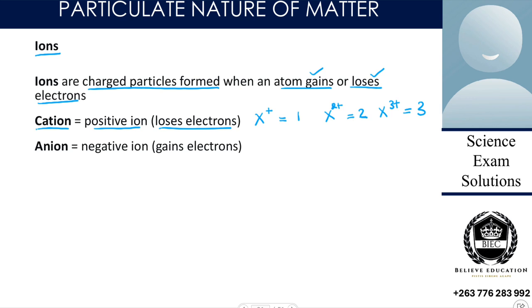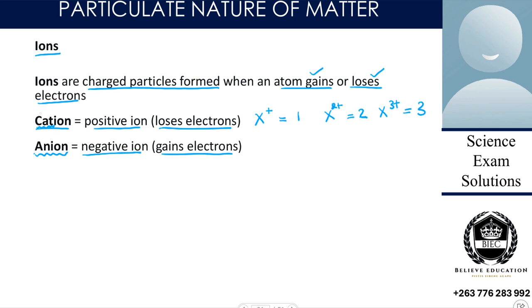But generally an atom can't lose maybe 5 electrons. That's not the end. Then we go to the other ones. When an atom gains electrons, it forms a negative ion, and that ion is called an anion. Not an onion, an anion. An anion means an anode ion, and a cation means a cathode ion.